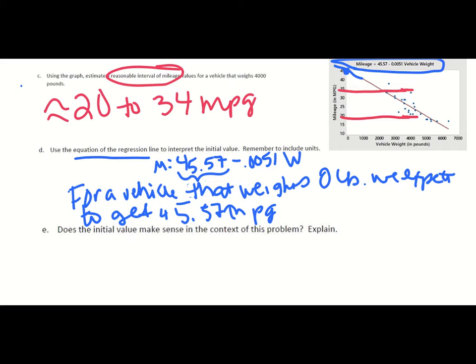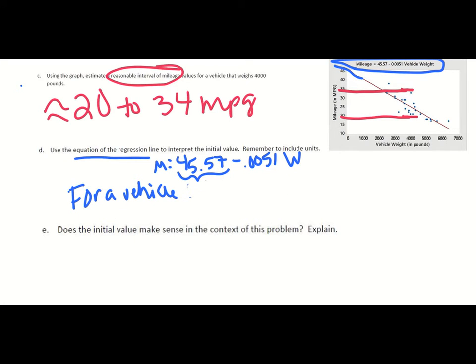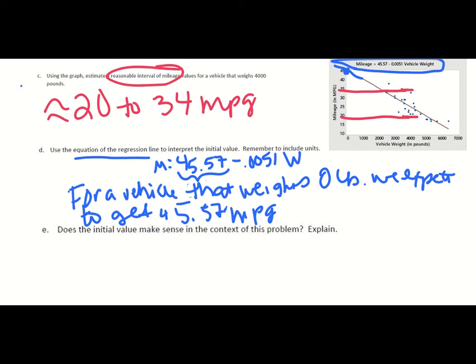But obviously in the real world, do you really have any vehicle that weighs 0 pounds?